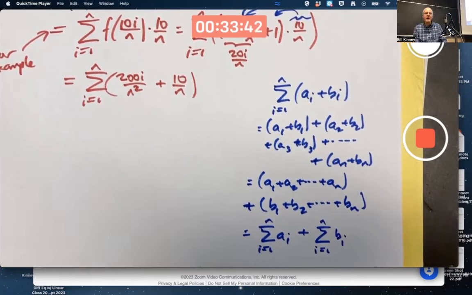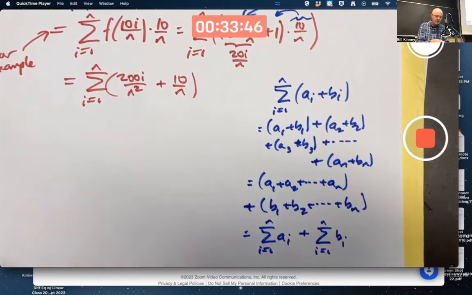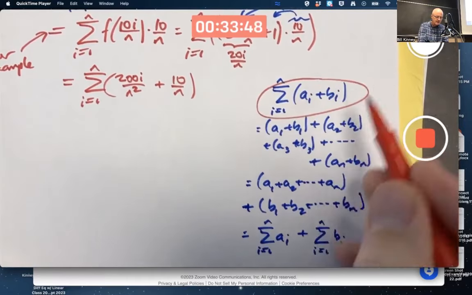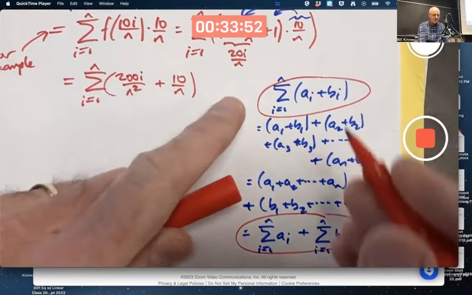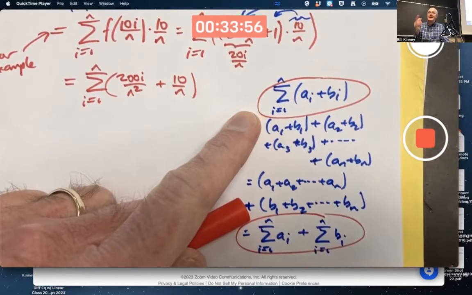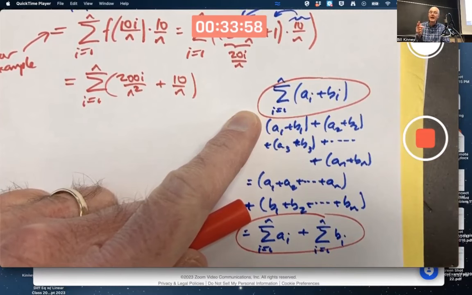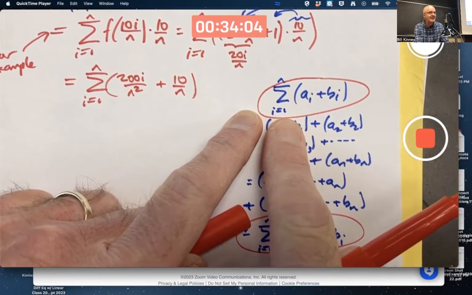So because of those properties, I have just derived effectively a property of summations, that these two things are equal. Effectively, it's almost like you are distributing the summation sign through the parentheses, even though that's not literally what you're doing. Right? The summation sign is not a number. It's just a symbol. It means add.